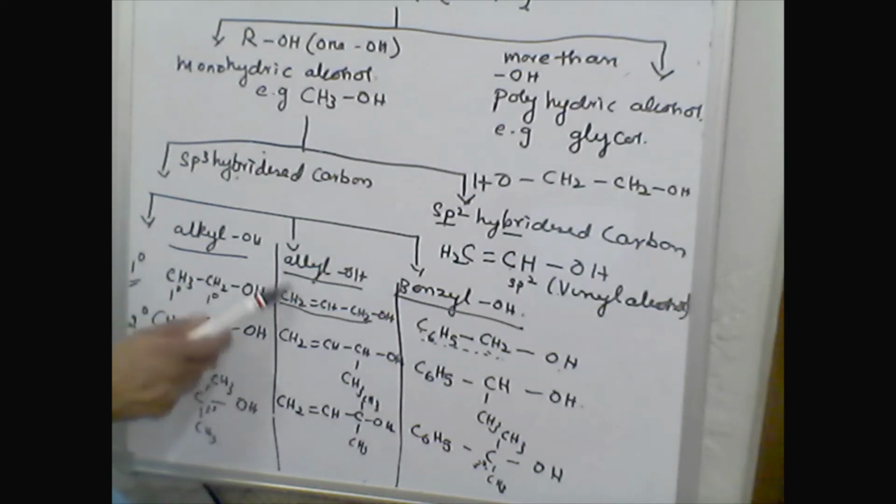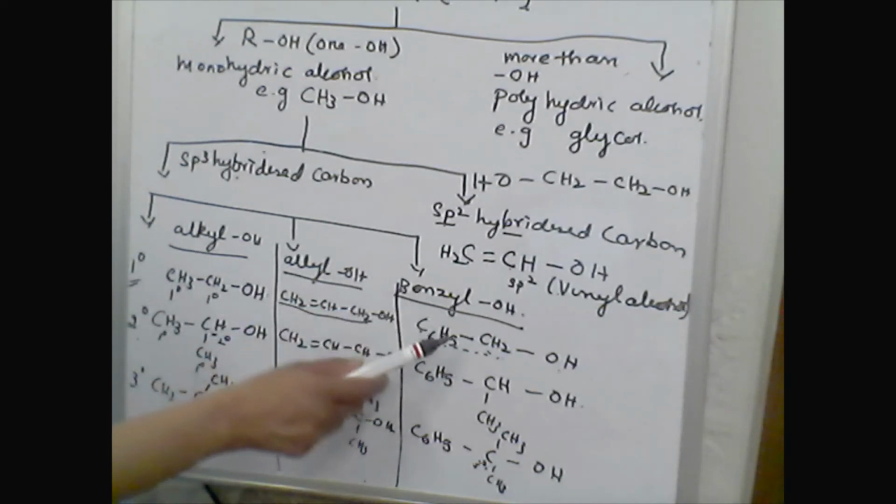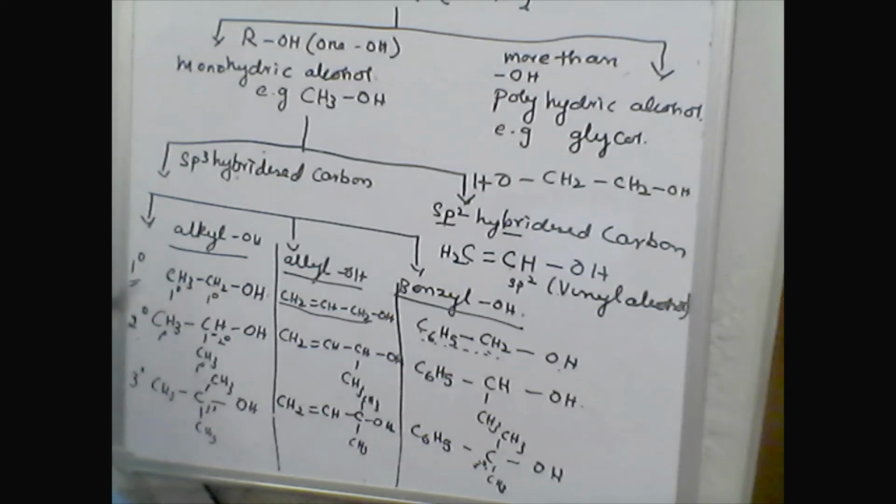Again, in alkyl, allyl, and benzyl, we can write for primary, secondary, and tertiary carbon. Primary carbon means the carbon directly connected to only one carbon. And again, with the same example, we can convert the same carbon to secondary carbon, and this is for the tertiary carbons.